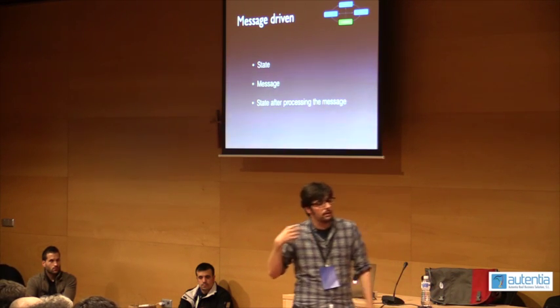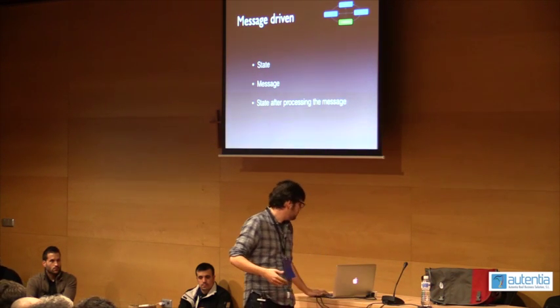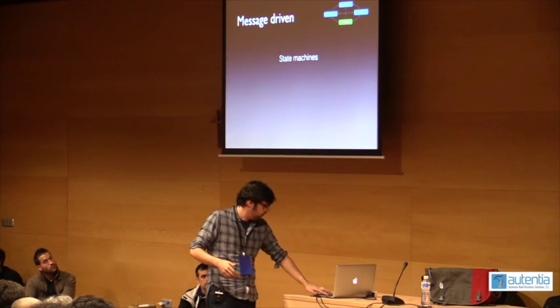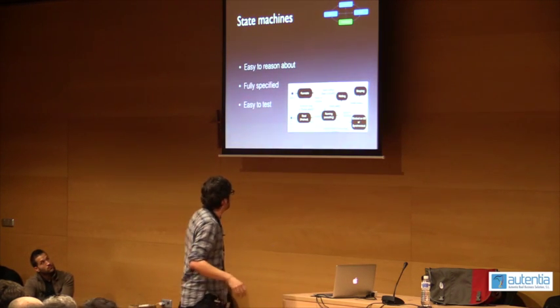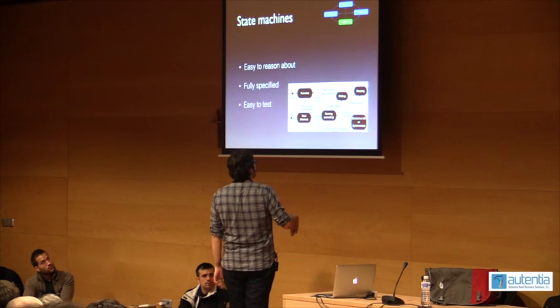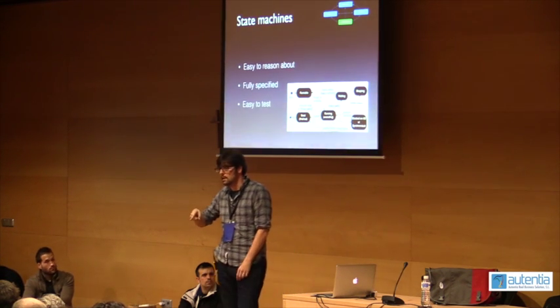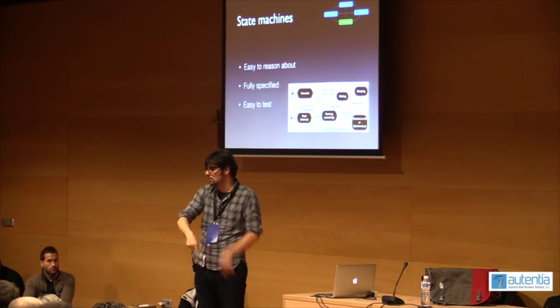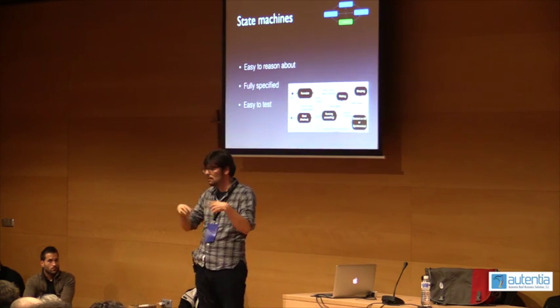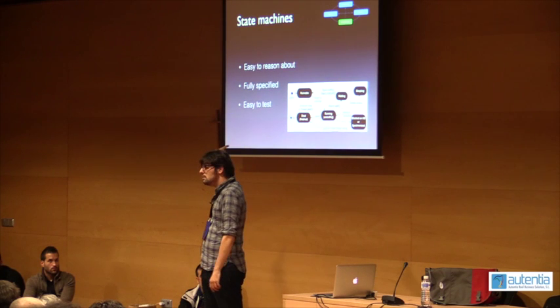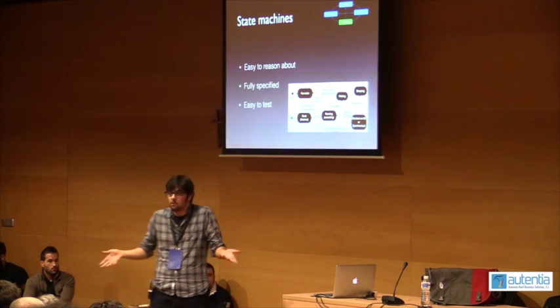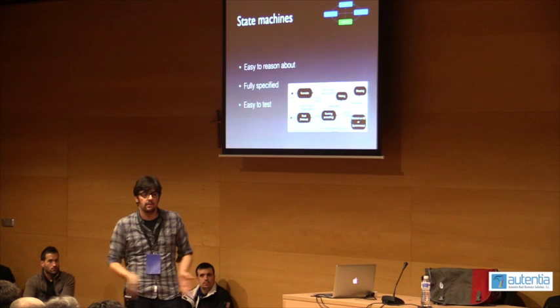You can very easily test them because you have specific situations. You have something that is specified. You know that you are in this state. You know how you get into the state. You know how to get out of that state. You know which messages you are handling. They can be fully specified. You can have a document saying, this is what I'm accepting. This is the state I'm in.